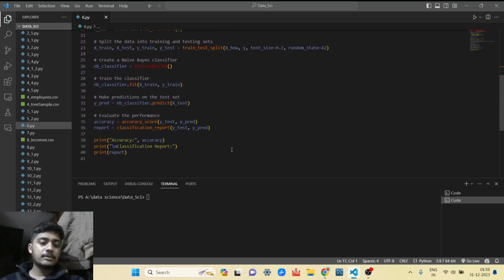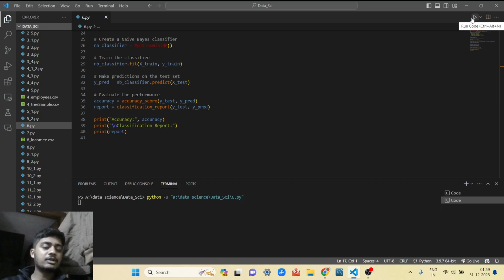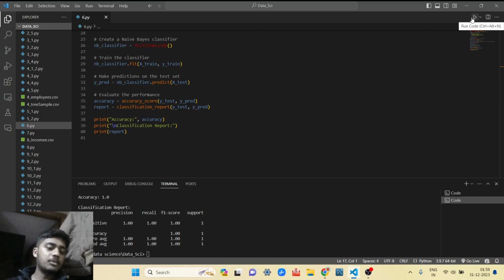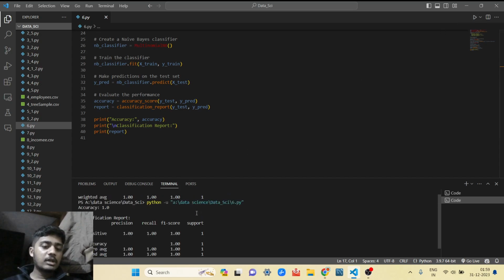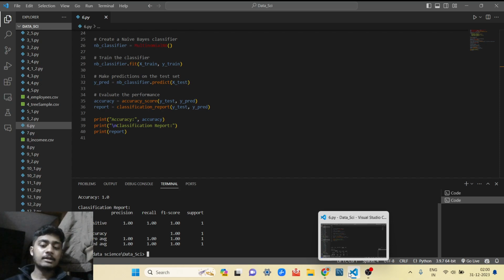Now let's run this program and find out the accuracy and the classification report. You can see that the accuracy is 1.0. The classification report gives precision, recall, F1 score and support. In this way, Bayes classification has been done and understood through this program.